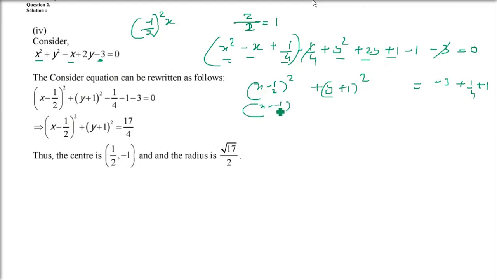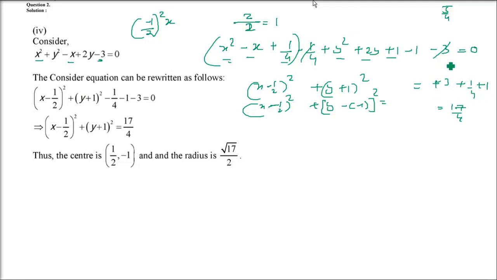So you have minus half, and already minus is there. You can write it as minus of minus 1 whole square. And this is going to be plus 3. So 1 plus 1 by 4 is 5 by 4, and 5 by 4 plus 3 is 17 by 4. So you get 17 by 4 on the right hand side, and you already have the h and k on the left hand side.